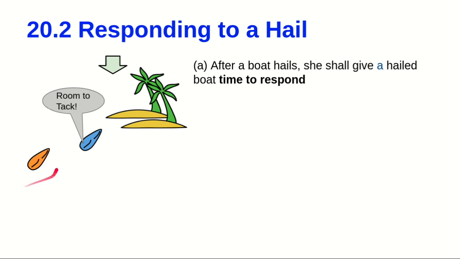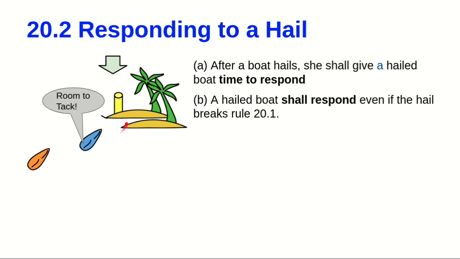She has to give orange time to respond in one way or another. And that may be considerable time because there might be another boat outside of her that she has to communicate to, and so on and so forth. So this means that blue has to be reasonable about when they give their hail, and they may have to have given their hail a little bit earlier if there's a lot of boats that they wish to make tack.